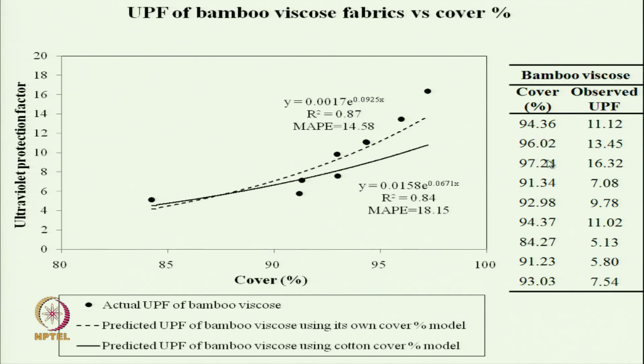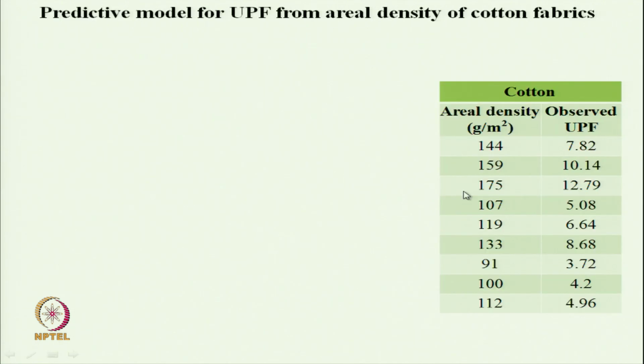Apart from the cover factor, another parameter which directly affects the UPF is mass per unit area. Now, let us take the areal density, that is mass per unit area.